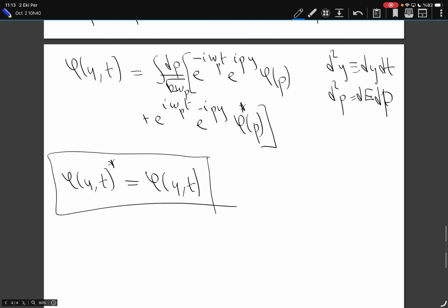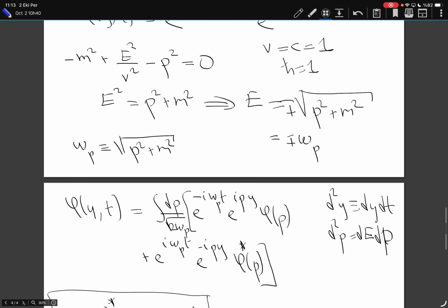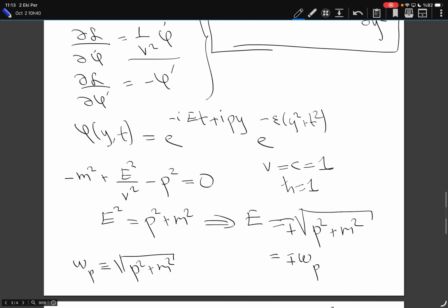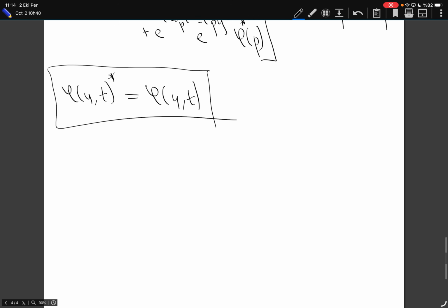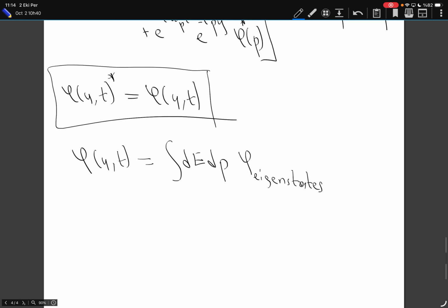You see, these form complete states, since they are the eigenstates of my Hamiltonian. So any function I can write as the sum of my eigenstates. That's one of the basic premises of quantum mechanics.